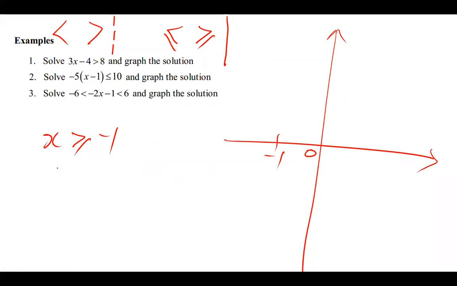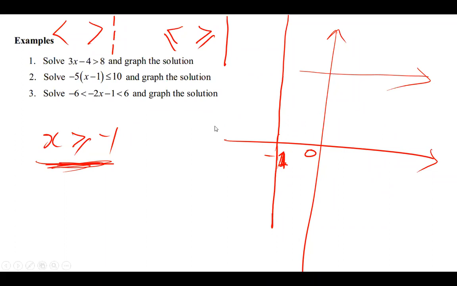Then apart from that, since this one here is greater or equal to, it means that we're drawing a bold line at -1. So when we draw a bold line at -1, you simply have to shade the unwanted region. The wanted region is this one, because this is the solution set for this expression. So the solution set is x greater than -1, meaning we're talking about numbers from -1 going this side.